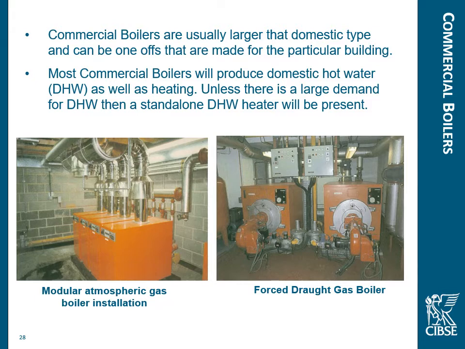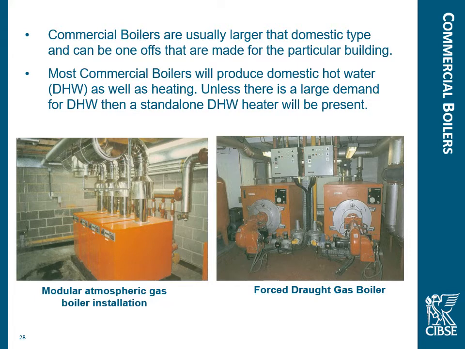So our commercial boilers work exactly the same as our domestic ones we've just looked at, but are just larger and work obviously on a larger scale. As we see on the left there, we've got multiple boilers. Generally in commercial premises we have multiple boilers because boilers work better when they're working harder.